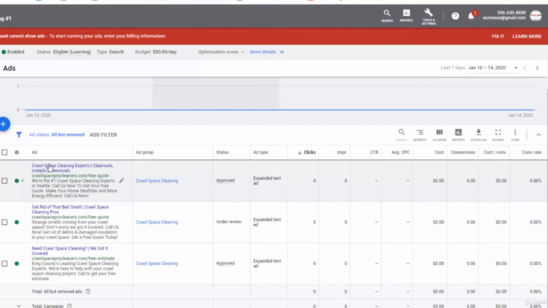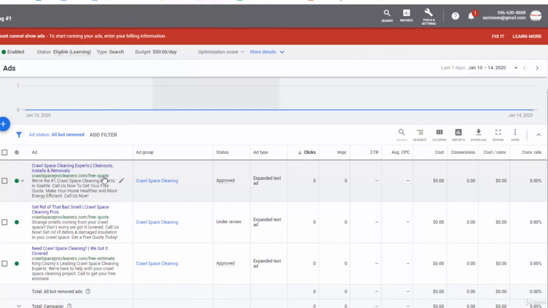So I would have the crawl space cleaning experts, and then right here, crawl space cleaning pros, and then everything else would remain the same. And then I could run another test of crawl space cleaning experts, and let's say I want to test a description on this one. Well, I'm going to leave this the same.